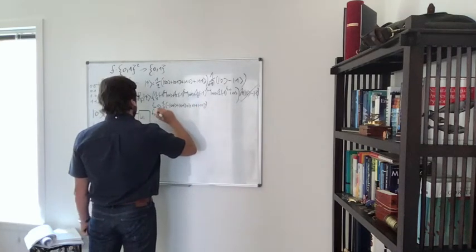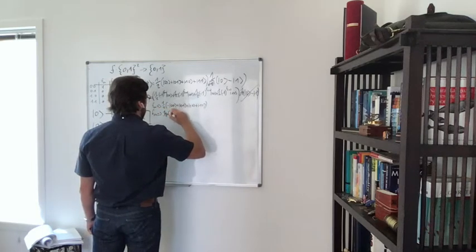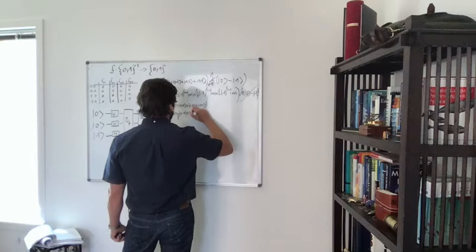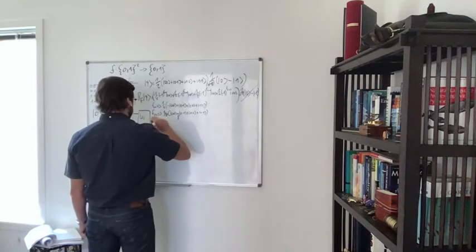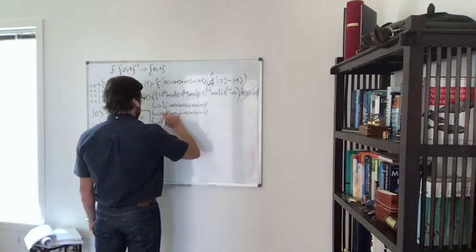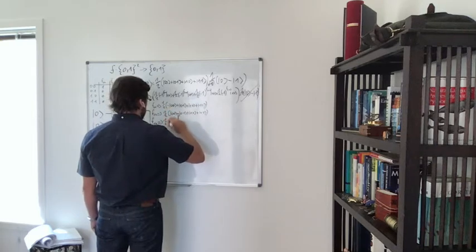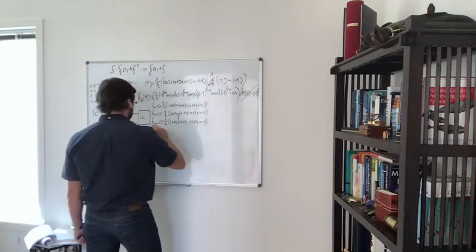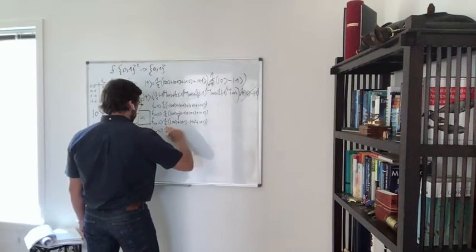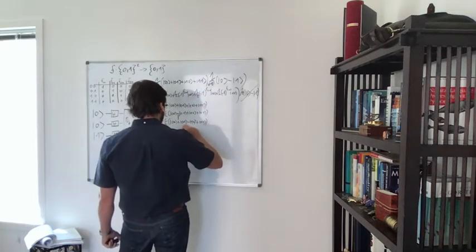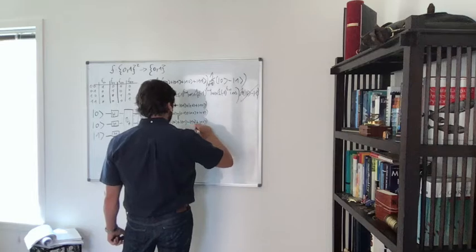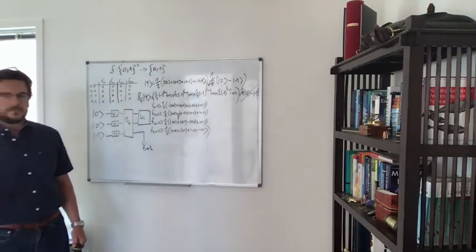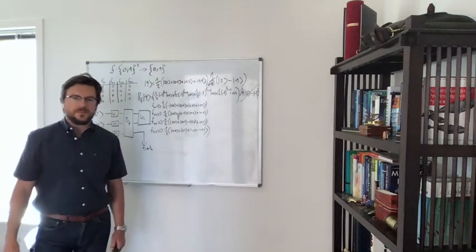If it's f of 0, 1, and so on, okay? So we get these 4 different outputs depending on which function it is, okay?